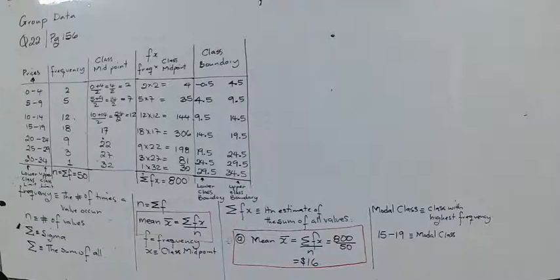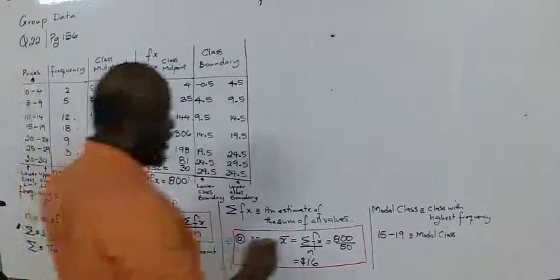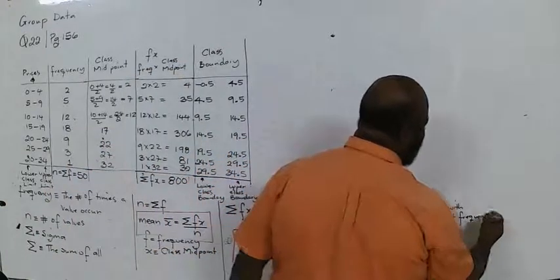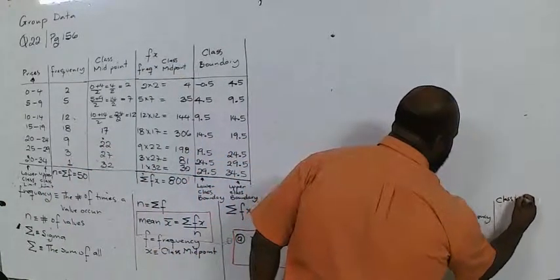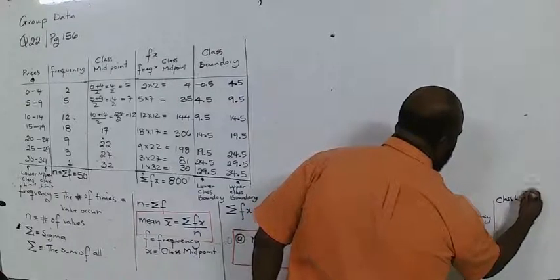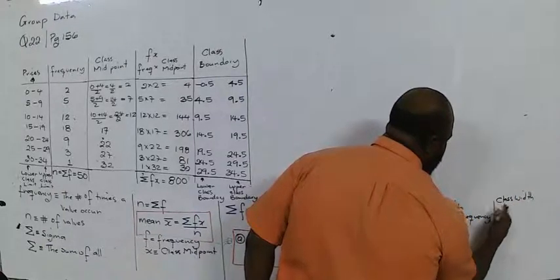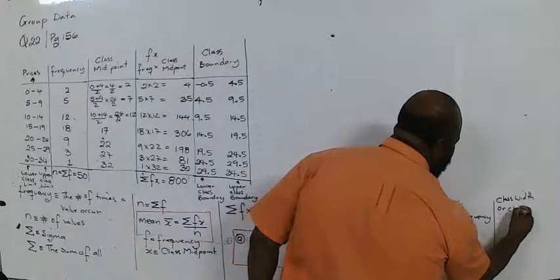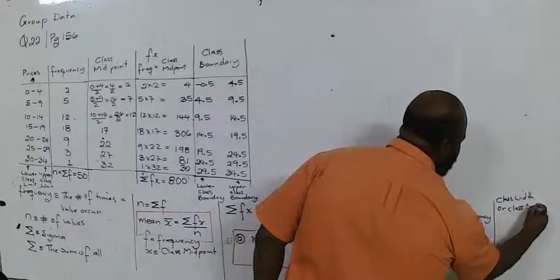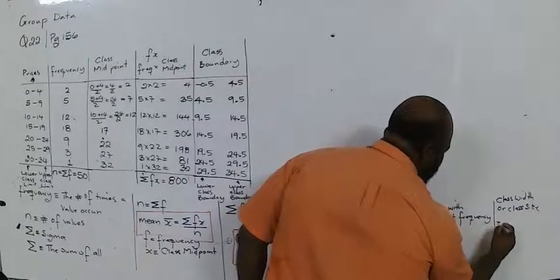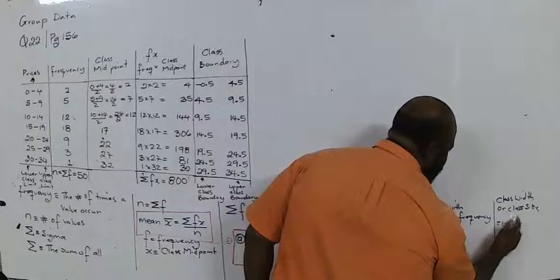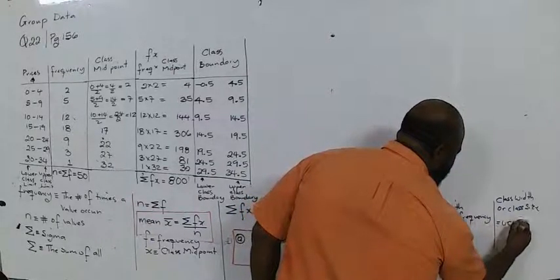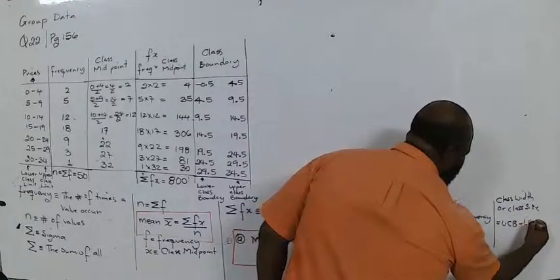Alright, keep writing. I need to talk about the class width. The class width or class size is equal to the upper class boundary, UCB, minus the lower class boundary.